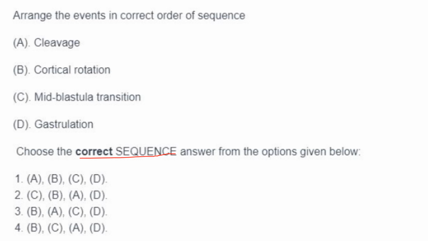That is cortical rotation, and it takes place before cleavage. So first will be cortical rotation, then comes cleavage, and then the mid-blastular transition, that is the stage before gastrulation. So C and D. So the answer here is option 3, B, A, C, D.